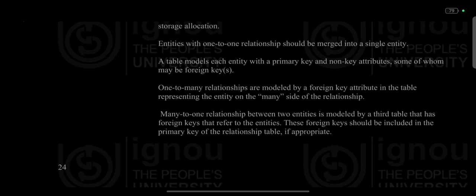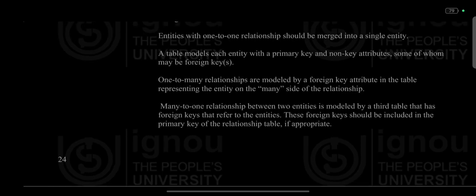Entities with one-to-one relationship should be merged into a single entity. A table models each entity with a primary key and non-key attributes, some of whom may be foreign keys. One-to-many relationships are modeled by a foreign key attribute in the table representing the entity on the many side of the relationship.